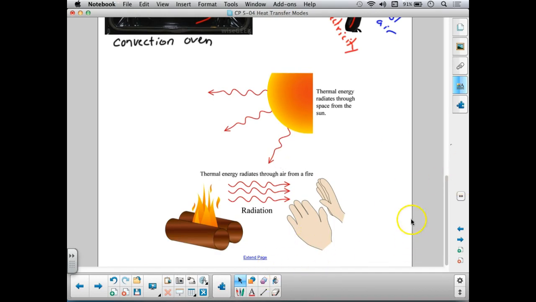Here are some examples of radiation. Remember that radiation does not require matter to move thermal energy from one place to another. So a good example is the sun. Thermal energy is radiating outward through space from the sun, traveling by electromagnetic waves, such as light.